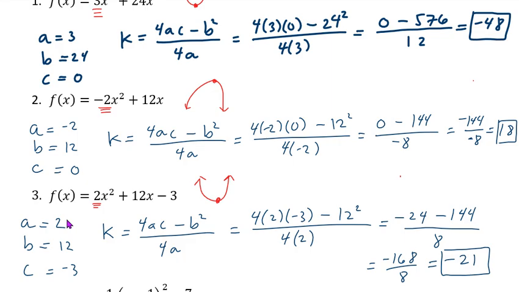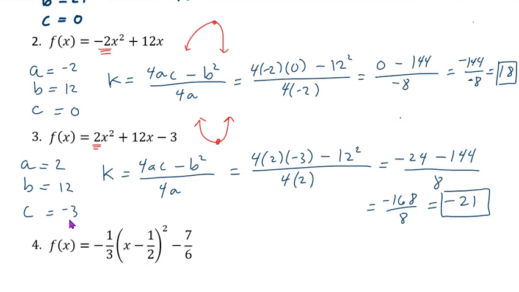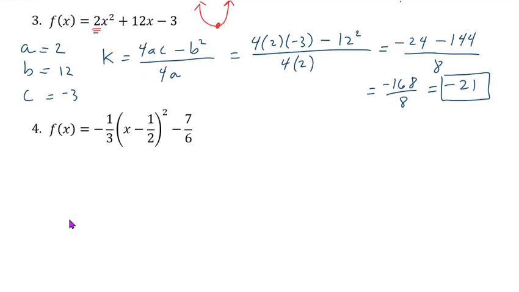Let's have the last item. Okay, so unlike the first 3 items, the function in number 4 is given in vertex form. So we don't have to solve for k, because take note that the vertex form actually gives already the value of k.